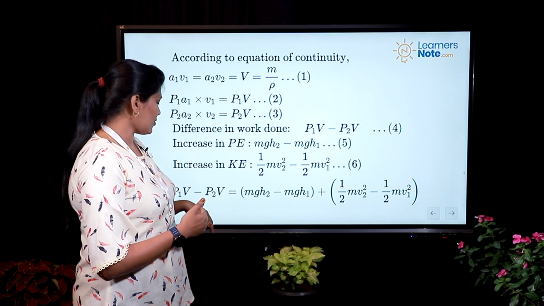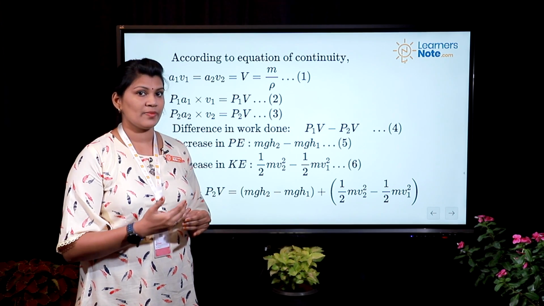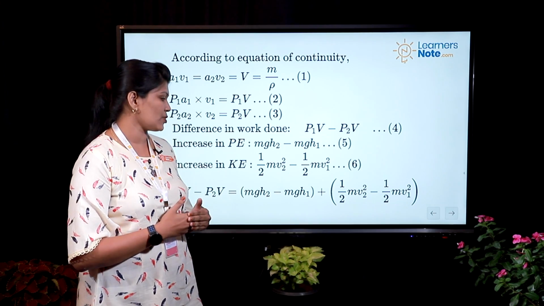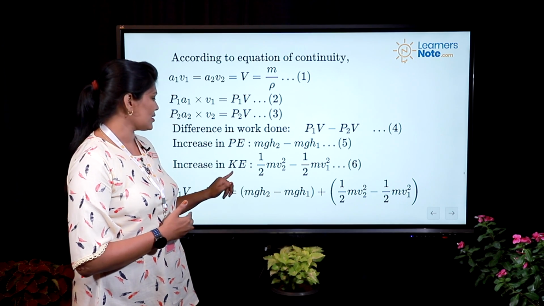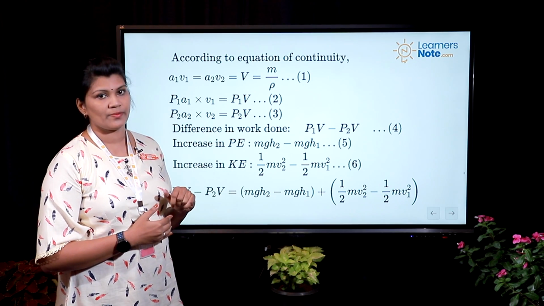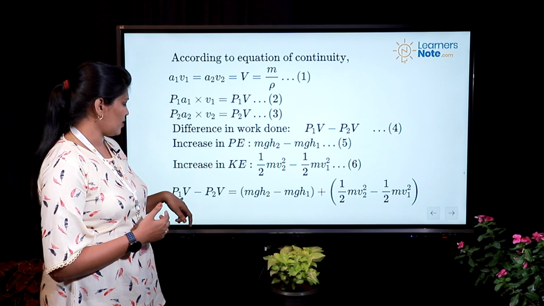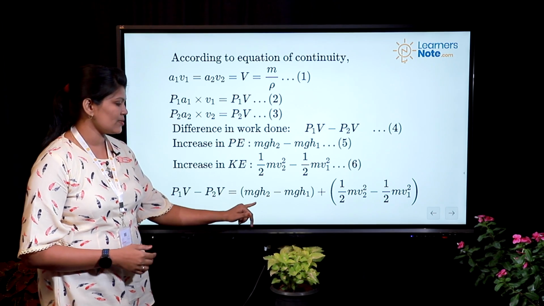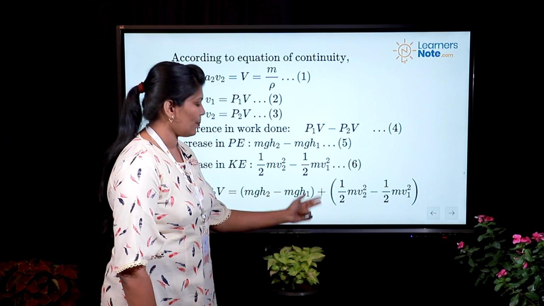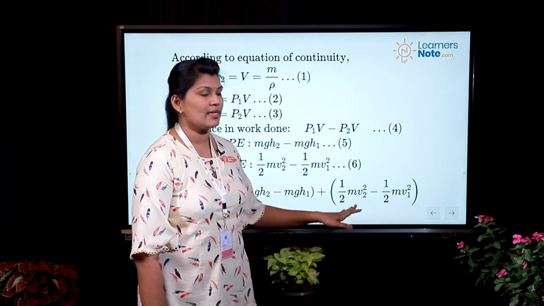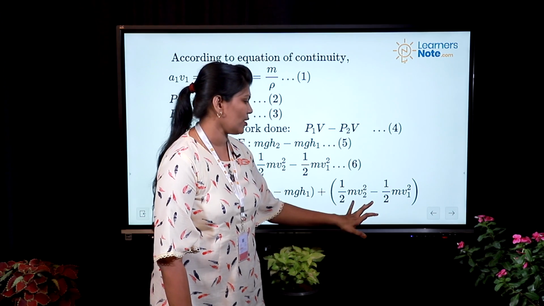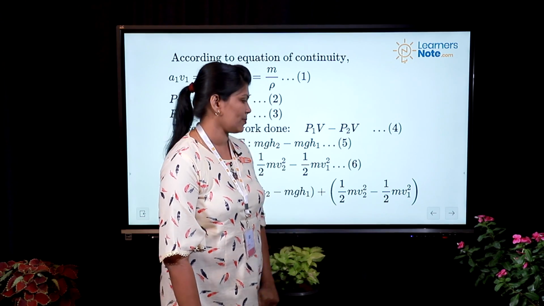So the difference of pressure energy causes the increase of kinetic energy and potential energy. So we can equate these two equations. P1V minus P2V is equal to mgh2 minus mgh1 plus the increase of kinetic energy, which is half mv2 square minus half mv1 square.